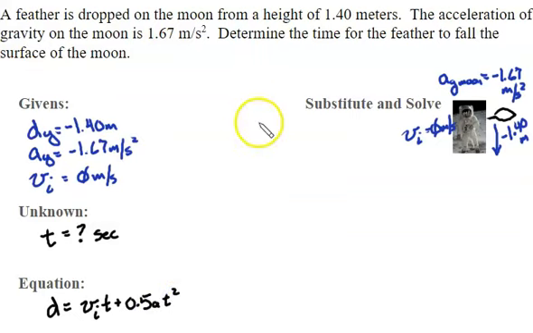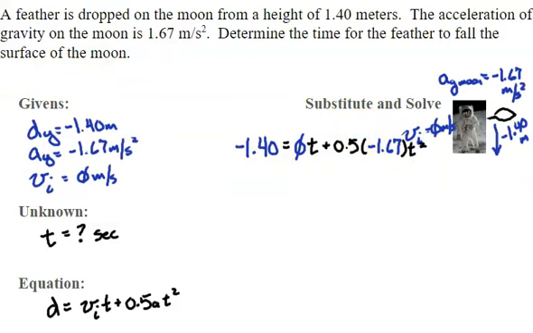So in this case, we know that displacement is negative 1.40, and that equals 0 times time plus 0.5 times the acceleration due to gravity on the moon, negative 1.67, times t squared.